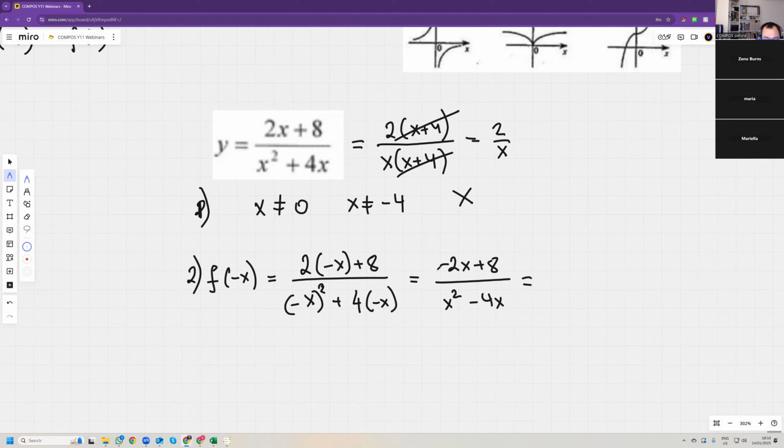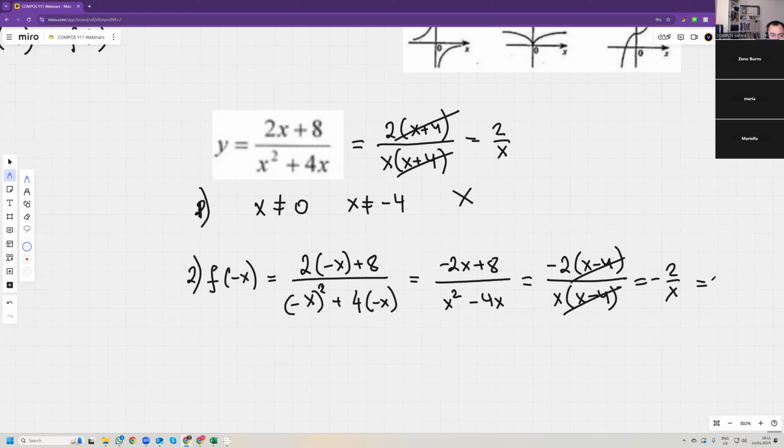Now for this one, I have minus 2 times x minus 4, and then I have x minus 4 in the denominator. x minus 4 cancels, and I get minus 2 over x.